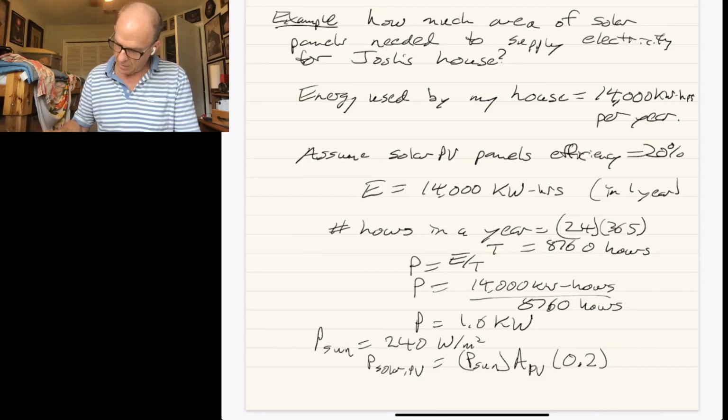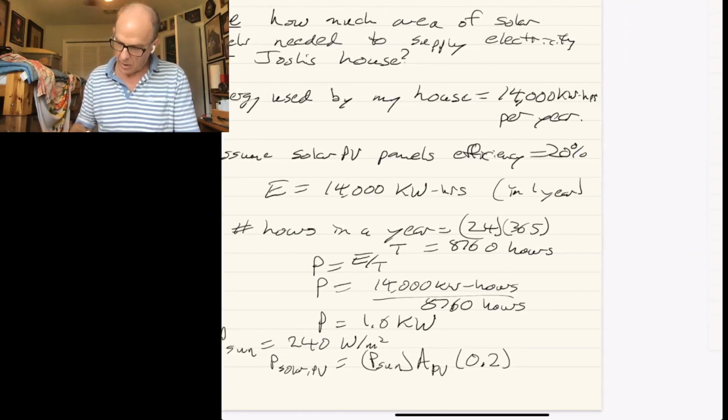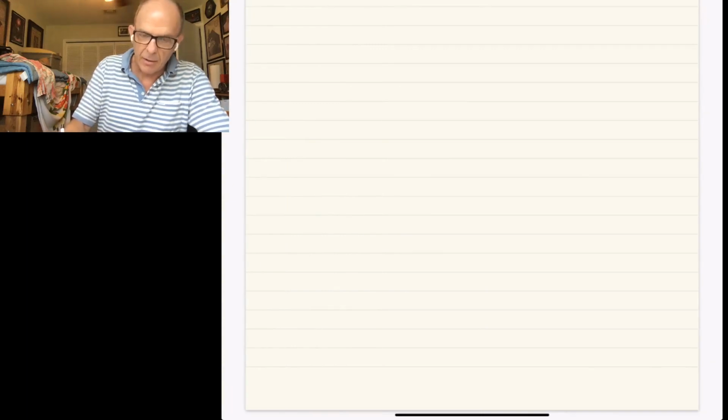So I want that to equal my 1.6 kilowatts. So I have 240 watts per square meter times the area in square meters times 0.2 has got to equal 1.6 kilowatts.